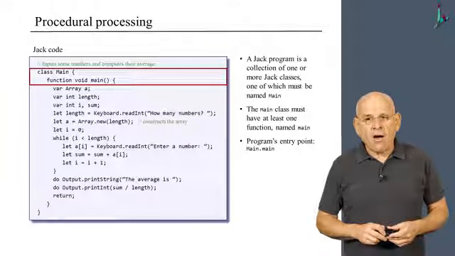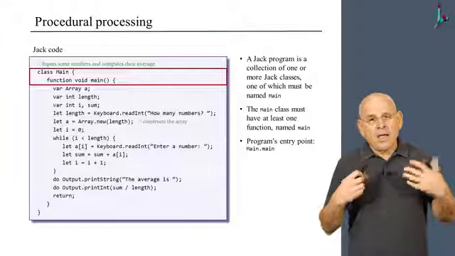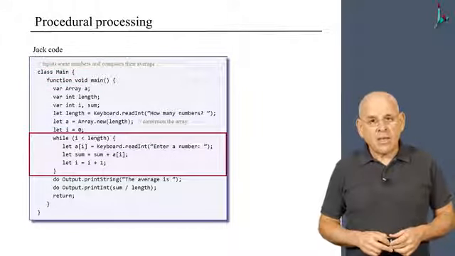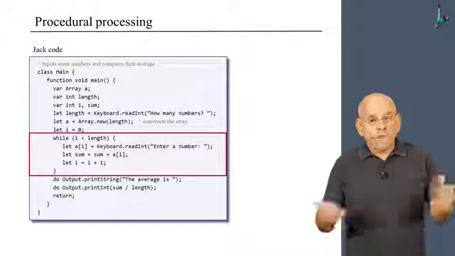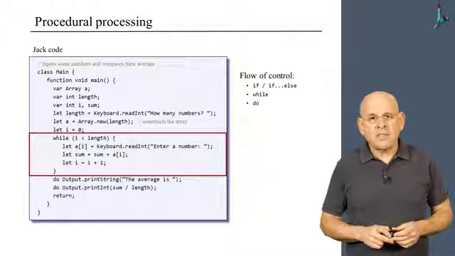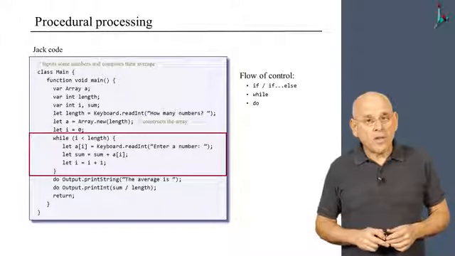All right, moving along, we see that we have control structures. And indeed, the Jack language provides control structures like if, while, and do. And obviously, whenever you want to do something meaningful, you have to use these structures. We also see that we have array processing.